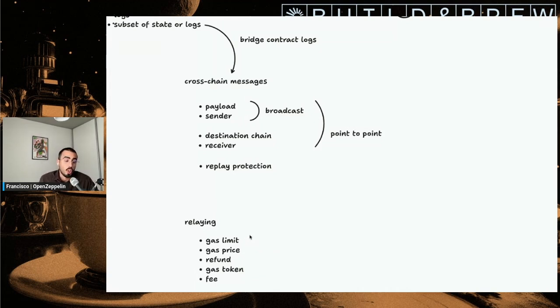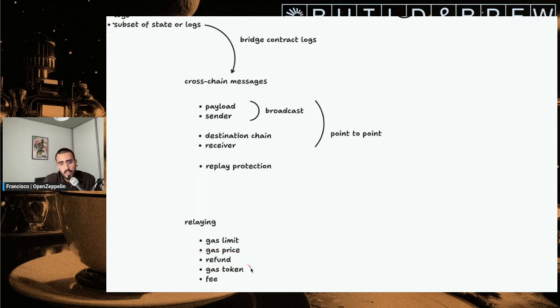You might go on chain B, deliver the message and execute it, and have a little bit of surplus. So another parameter that you want to include in your cross-chain message is some refund receiver, where whatever was left over from the gas is refunded to the sender on the destination chain. You could try to do refunds on the source chain, but this starts to get really complicated. So this is the simplest thing that can be done.